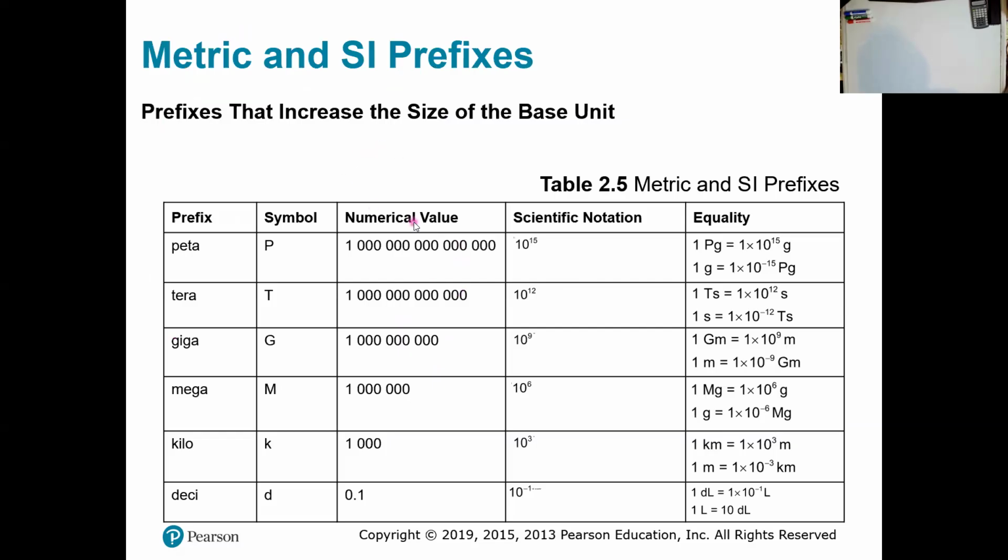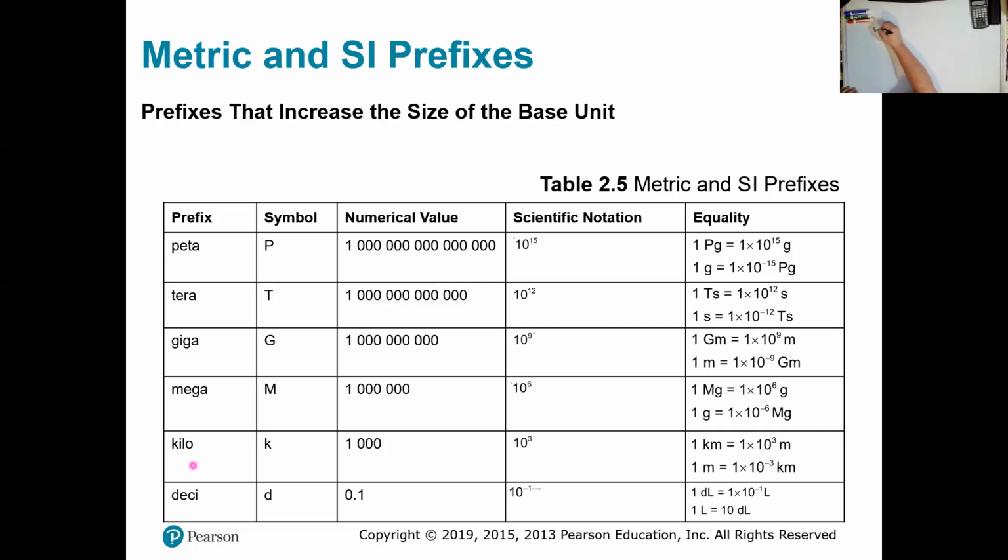Okay, so the table that's in your notes, there's two tables really in your notes, or it's one table that's been split into pieces. The prefixes that go from peta up to kilo represent prefixes that will increase the size of the base unit that you start with. The base unit is going to be the unit without any prefixes attached to it.